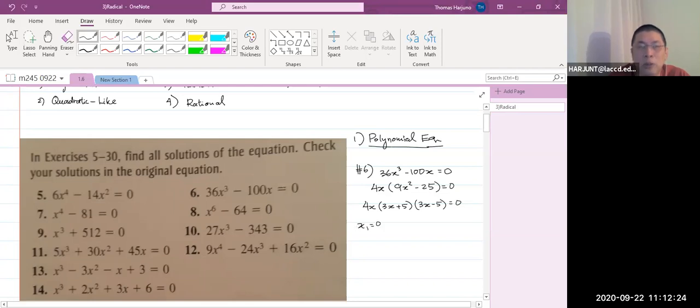It's actually 4x equals 0, but you can just ignore the coefficient. x2 is negative 5/3 and x3 equals 5/3.